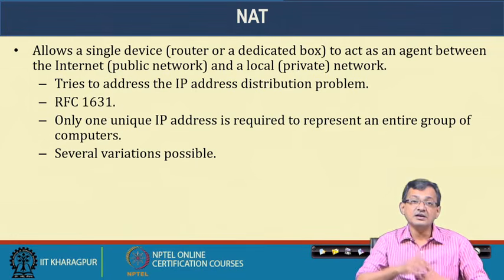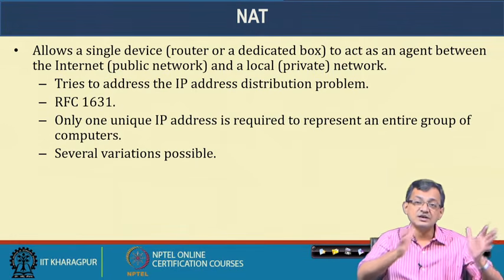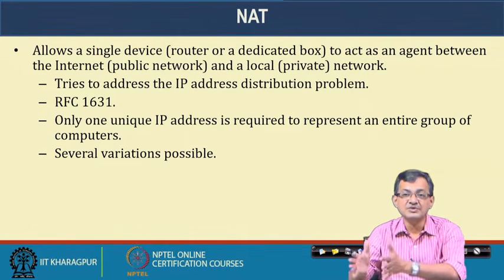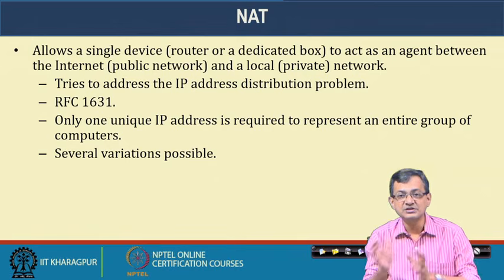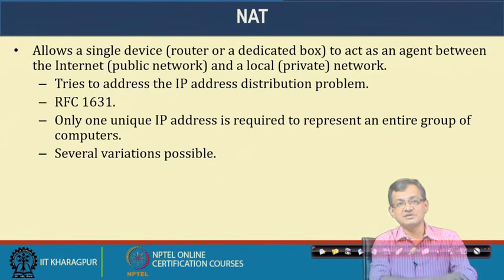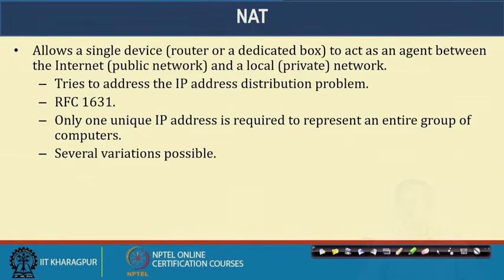It is sort of a single box, and it basically maps one IP set to another IP set, for that matter IP and port to another IP and port, so that it can have a seamless connection. It tries to address the IP address distribution problem.